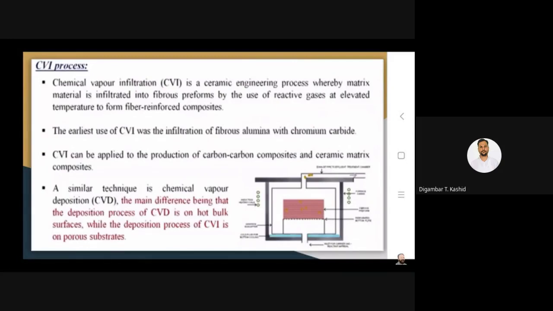That means the carrier gas can easily go inside the porous material, and the molecules of that particular reactant material can be absorbed inside the pore itself. Some molecules may come out with the carrier gas. By this way we can do the CVI process, make the infiltration. Here we are doing the infiltration of particular molecules inside the material.